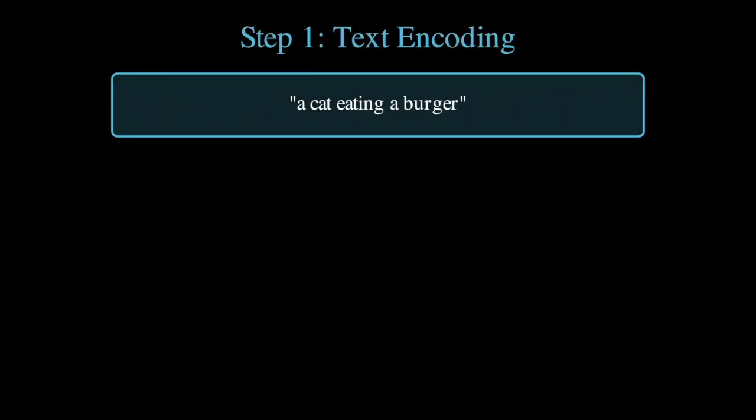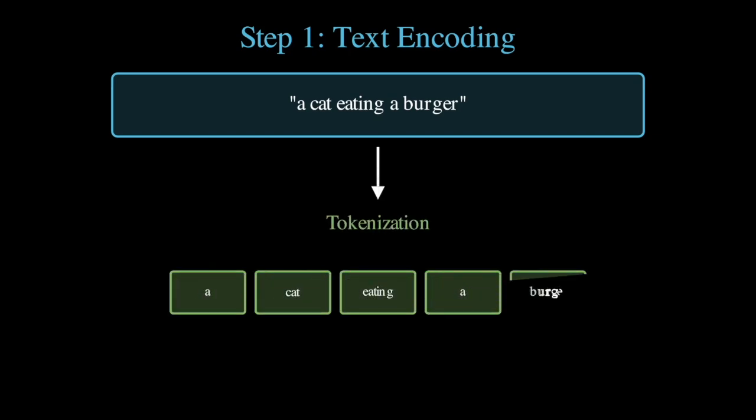Alright, at the core of every single AI model out there, you have to convert text into tokens. Text is continuous, yet tokens are discrete, meaning it's easier to generate or condition stuff based off of tokens. As you can see here, it turns a cat eating a burger into 5 separate tokens. Then this gets put into a model called CLIP and gets turned into embeddings.